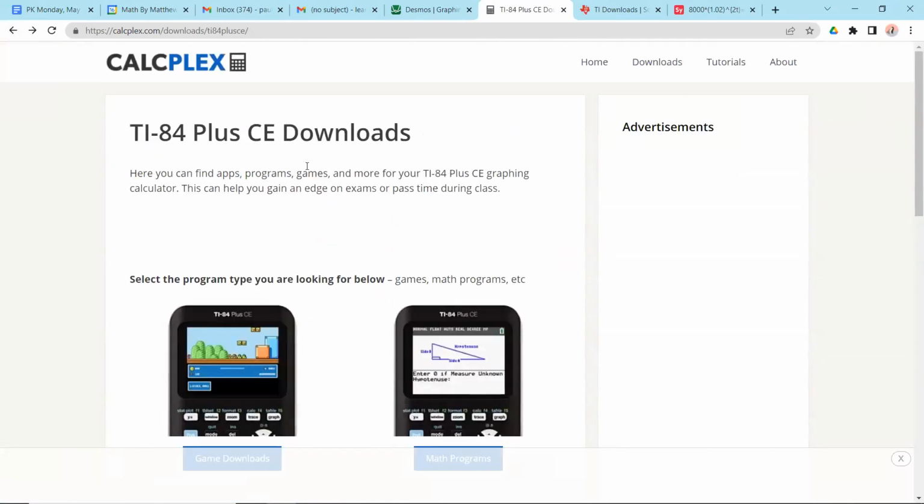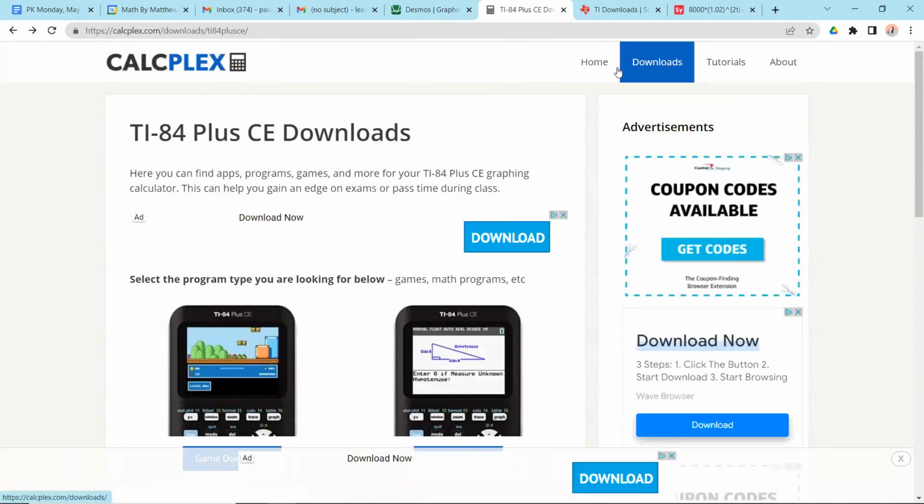I got it on Desmos here, but it doesn't particularly help you.